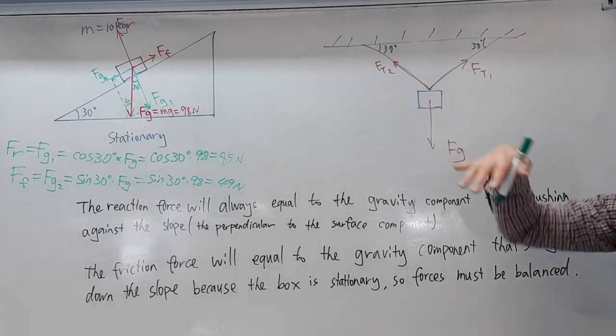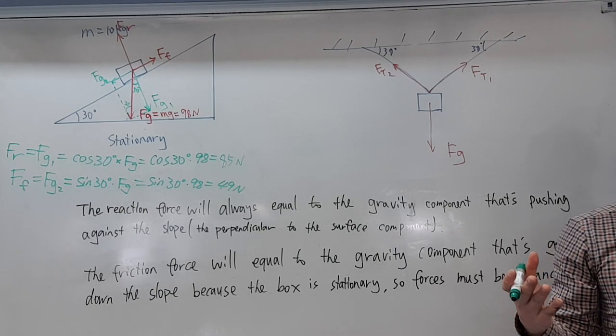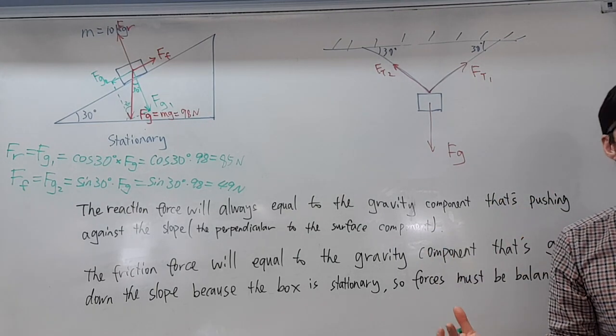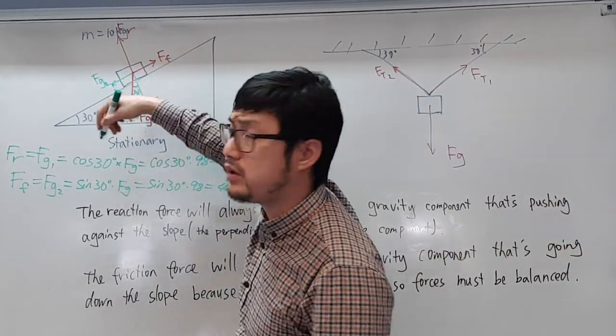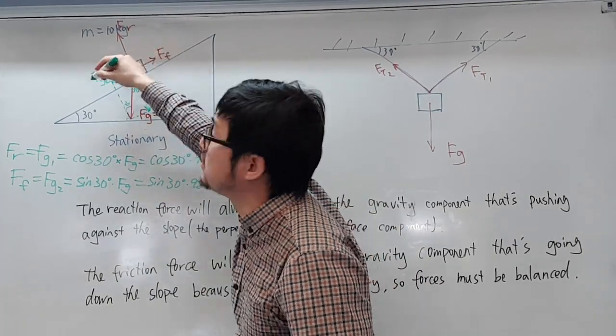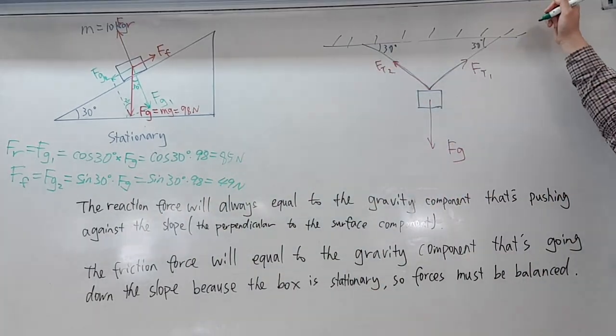But these are not in the same direction. If they're not in the same direction, I must make them into components so they can be in the same direction. Does it make sense? Just like this one. Well, this one and this one, they're not in the same direction. So I have to make this one become in the same direction as them to cancel it, right? So what you can do is this.